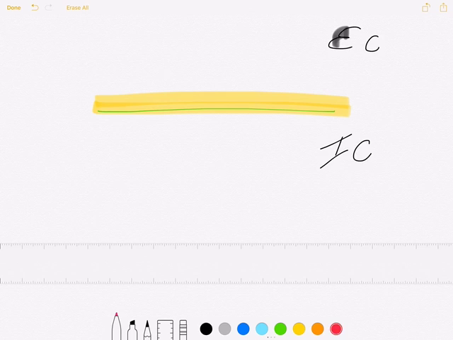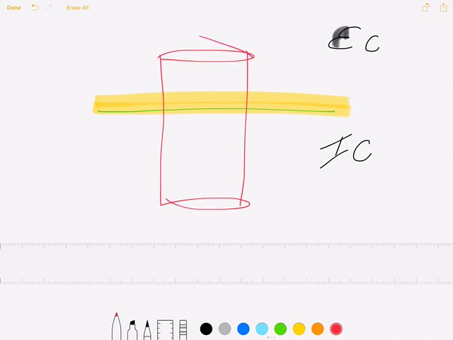Then I have to draw a big channel with activation gate and inactivation gate. So let's have this as a local anesthetic molecule.